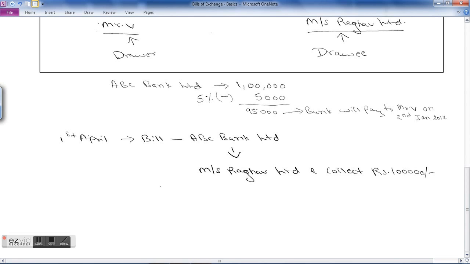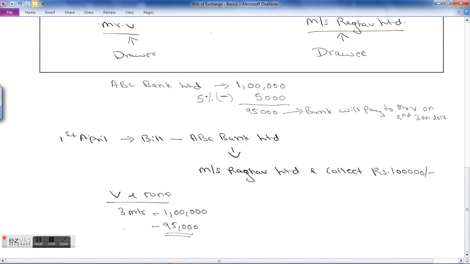Okay, so let's see what is the benefit of bills of exchange. Okay, so for Messrs. V and Sons, what has happened is, instead of waiting for 3 months and getting rupees 1 lakh, the benefit that Mr. V and Sons has got is, it has got the money immediately, although there is some discount. Okay, this discount is nothing but the interest which is charged by the bank.